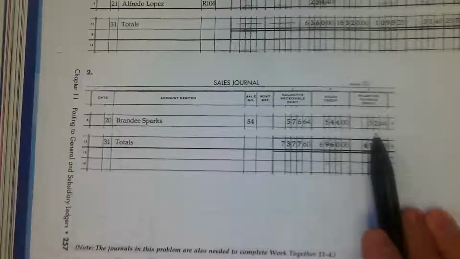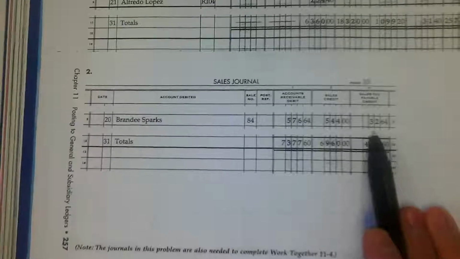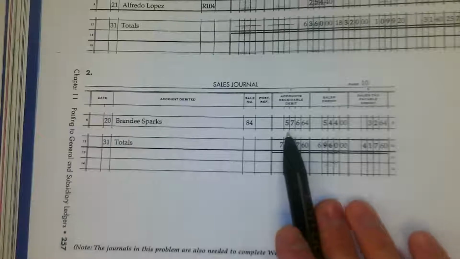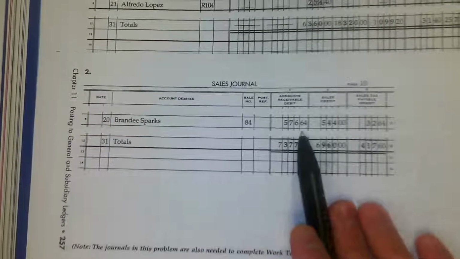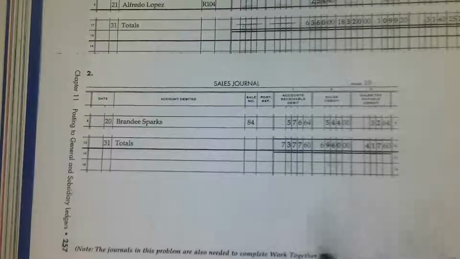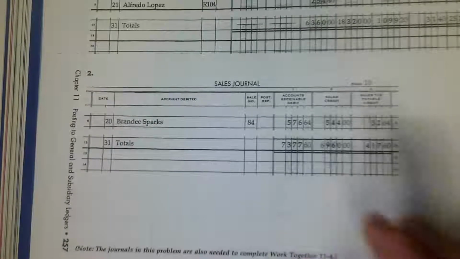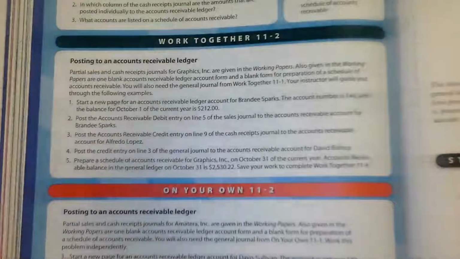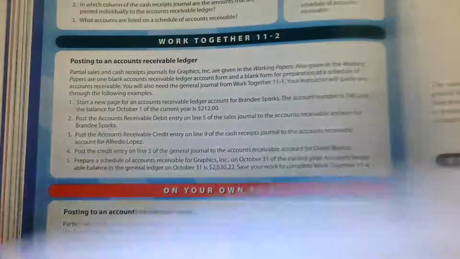We had to add on sales tax of $32.64 for a total account receivable debit of $576.64. So that is the total amount of money that Brandy Sparks owes us. $576.64. So that was on October 20th from Sales Journal 10.